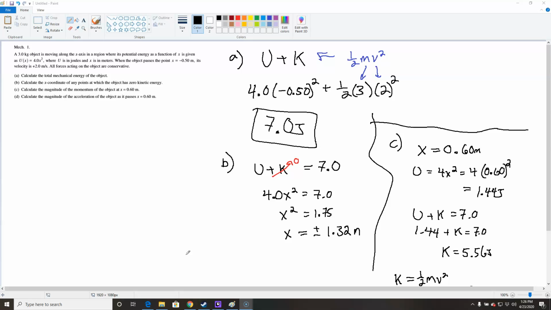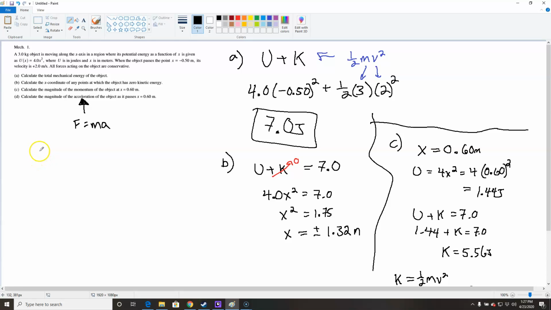Moving on to part D, calculate the magnitude of the acceleration. The word acceleration makes me think forces, F equals ma. In order to get the force, I'm going to need to take the derivative of the potential energy. To remind you, if you integrate force with respect to displacement, you would get potential energy.